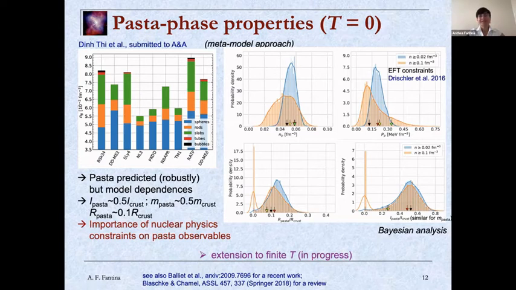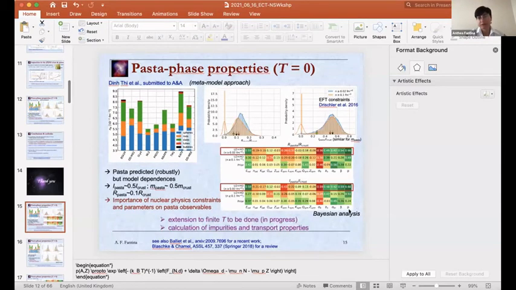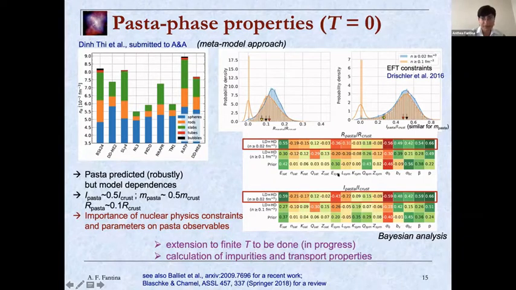Well, the sequence of pasta phases depends on the details of the functional, both the surface and the bulk. I can show you some correlation if you want. Actually, if I have it here, I can share. This is for the radius. I may also have the one for the transition.